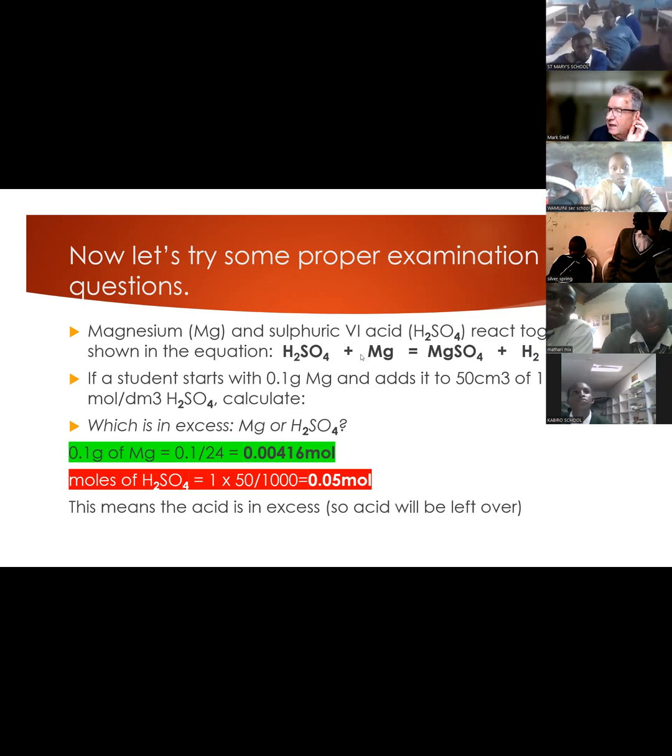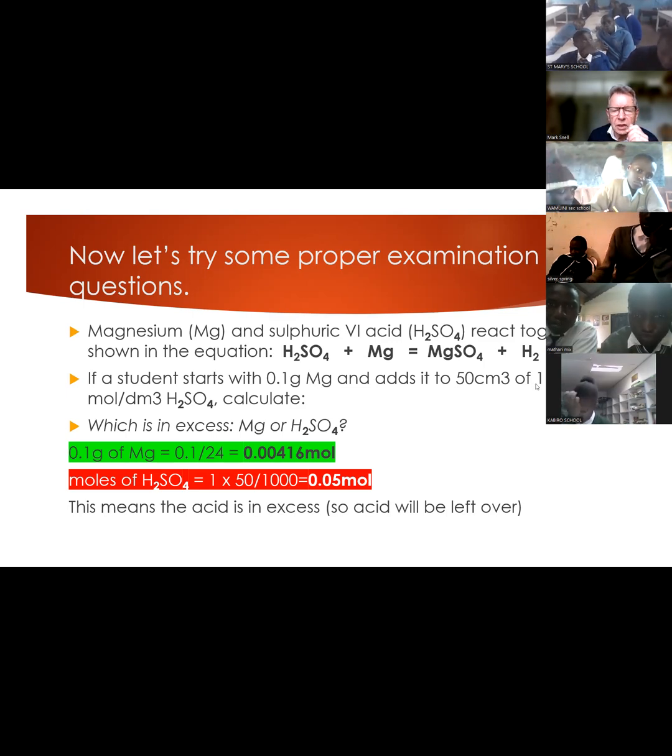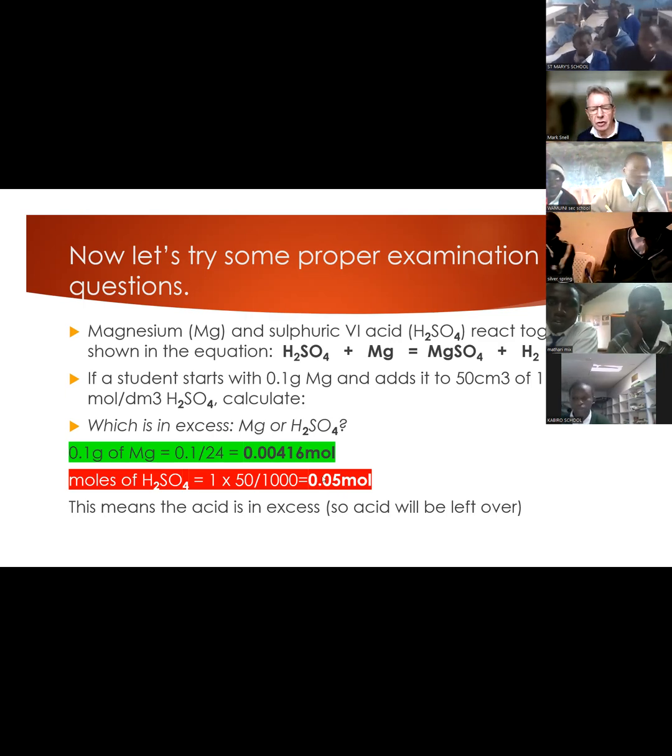Sulfuric acid is a solution, so moles equals concentration times volume over 1,000. Concentration is 1. Volume is 50. So 50 over 1,000, that's 0.05. Look at the two numbers. There is more H2SO4.